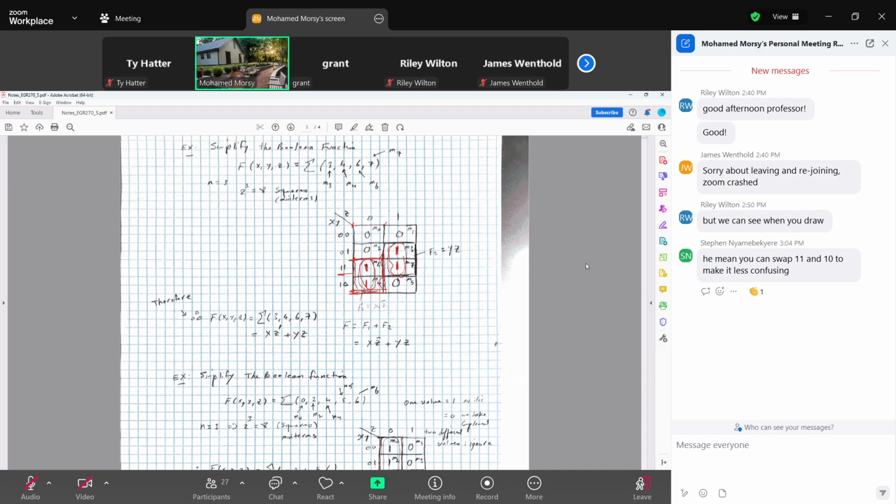I mean, for Z here, we have 0 and 1. Look at here for XY. This is for Y, this is for X. So Y is 0, 1, 1, 1. X is 0, 0, 1, 1. For Z, it's just 0 and 1.